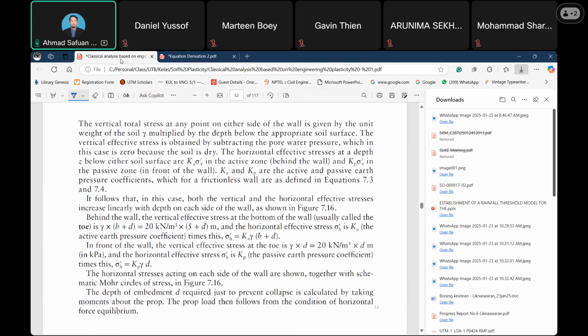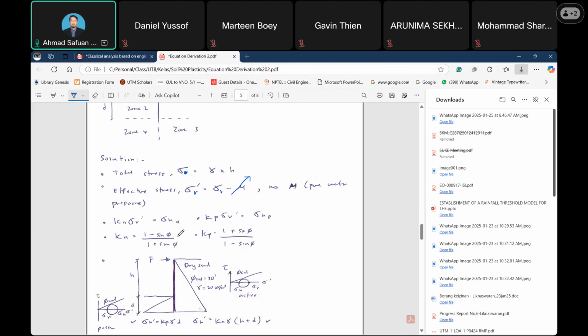Ka and Kp are the active and passive earth pressure coefficients as defined in equations 7.3 and 7.4. Because I am referring to another text, I just put equations 7.3 and 7.4, so we may refer to these equations for Ka and Kp.